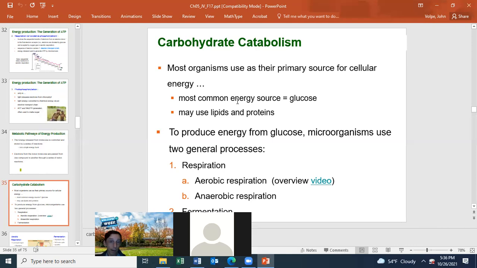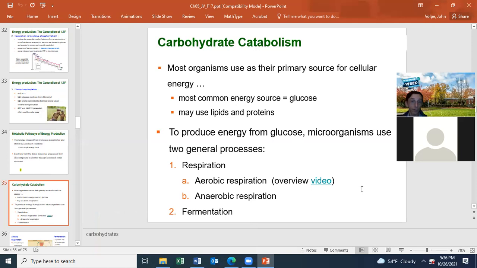Glucose is the most common energy source for organisms that perform carbohydrate catabolism. Organisms that get their energy needs from glucose have two general processes for getting their energy from glucose. They can perform respiration, or they can perform fermentation.